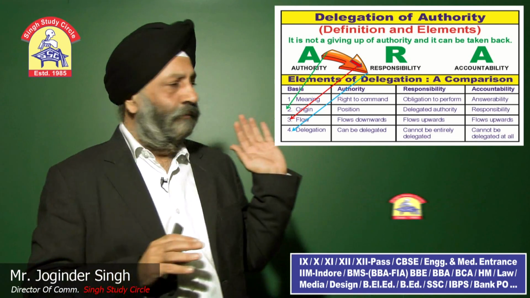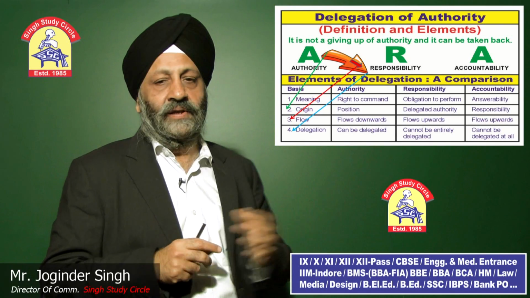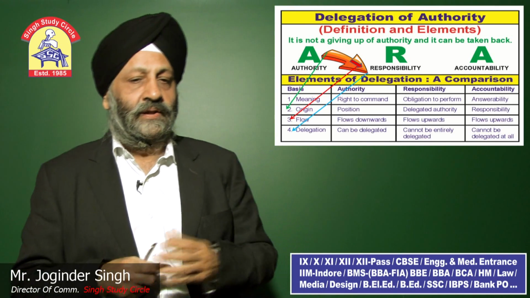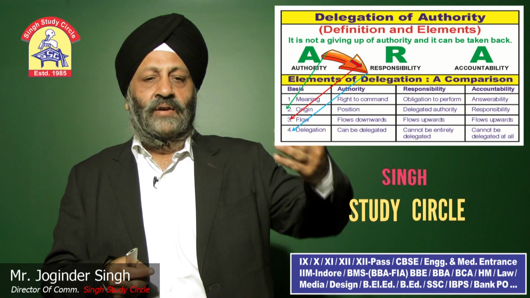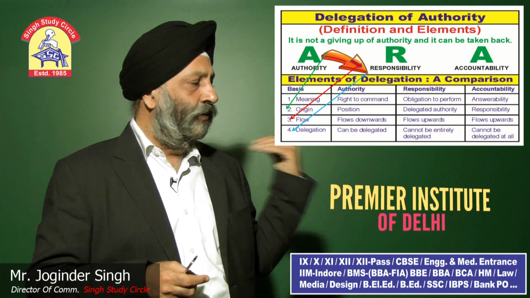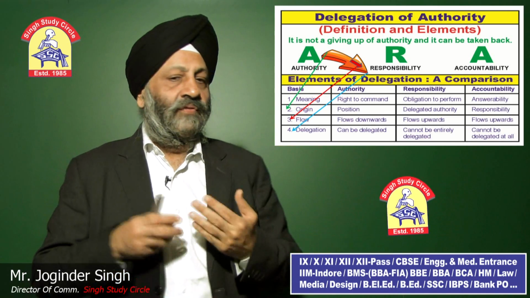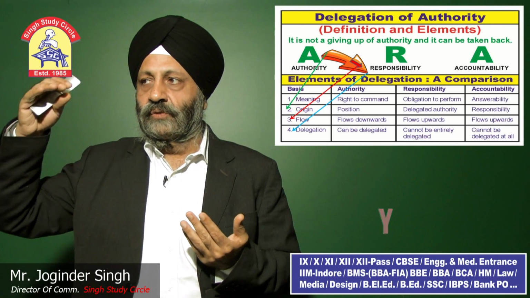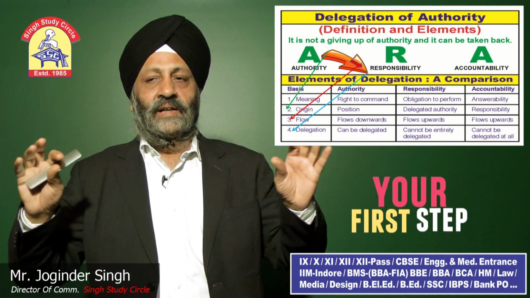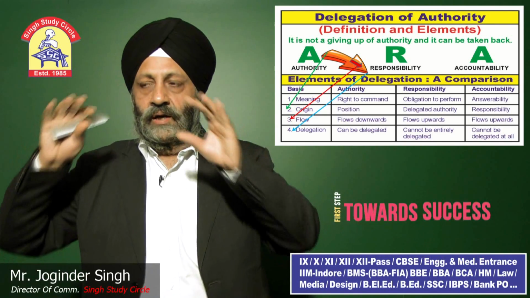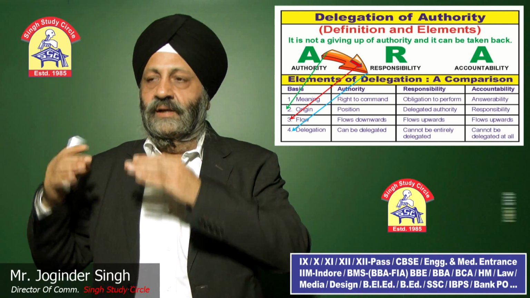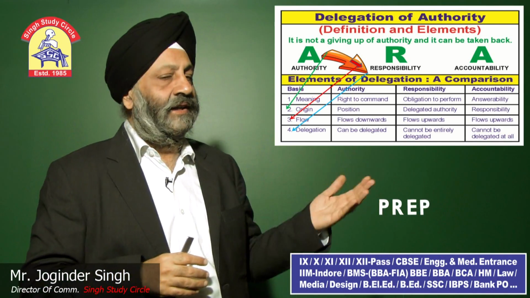So you can compare authority, responsibility, accountability, the elements of delegation, on a 4-point basis that you can remember. You can see the screen. First is the meaning. I have written authority, responsibility, accountability as elements of delegation, a comparison of the difference: how they originate, what is their meaning, how they flow, and their delegation.